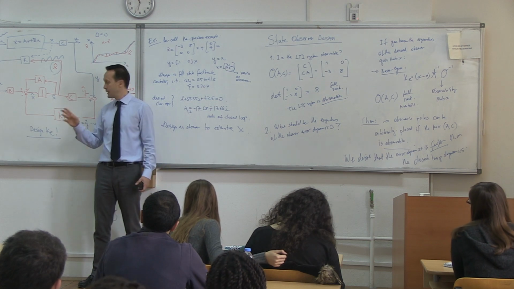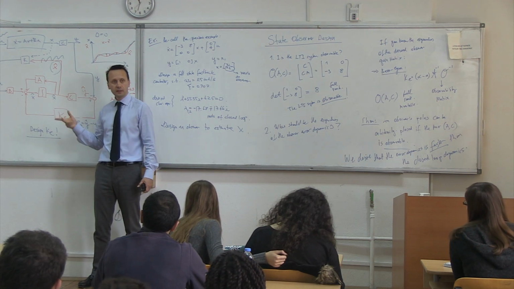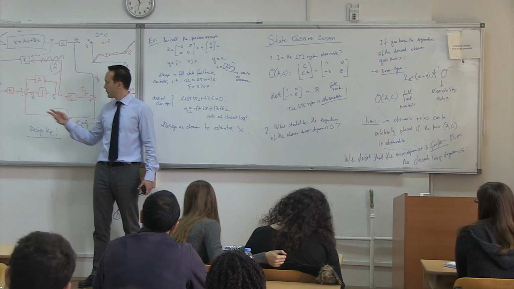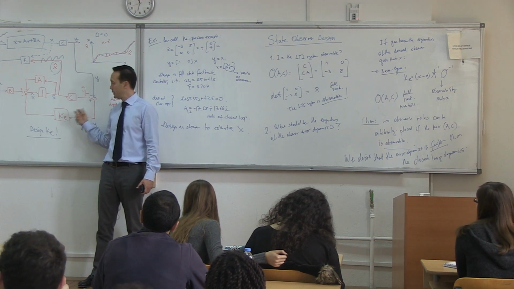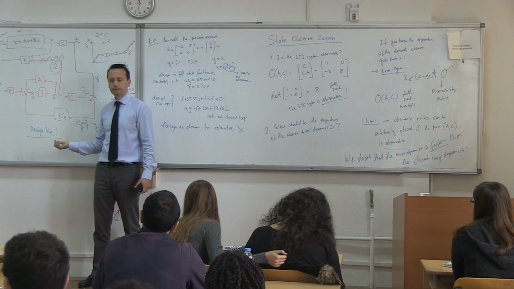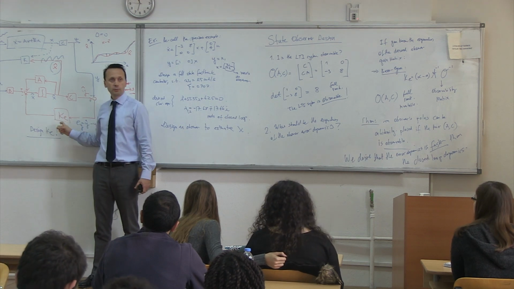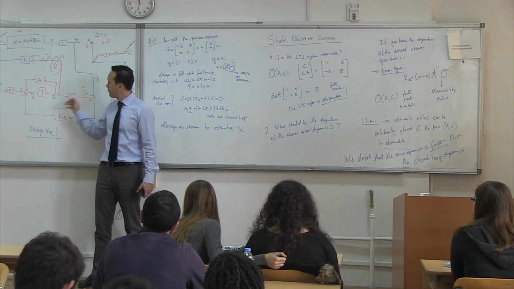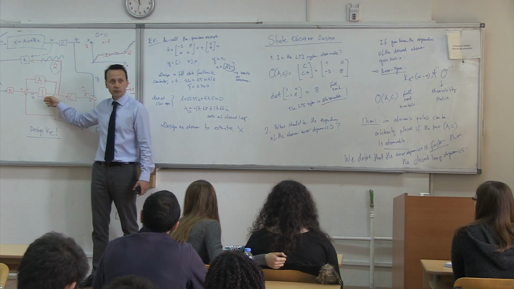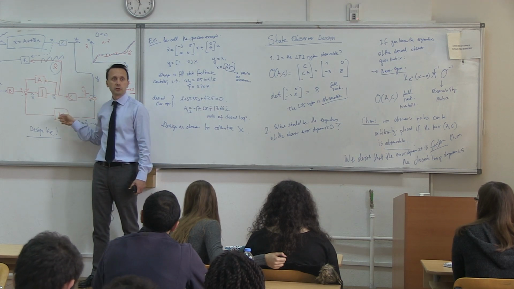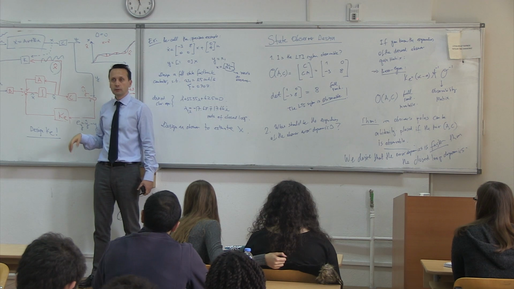In that case, KE is a vector. If you have more inputs and more outputs, then it should be a matrix. If you have 1 input and 1 output, it should be a number. Everything we do here is vectors or matrices or scalars, but we don't restrict ourselves to scalars anywhere.